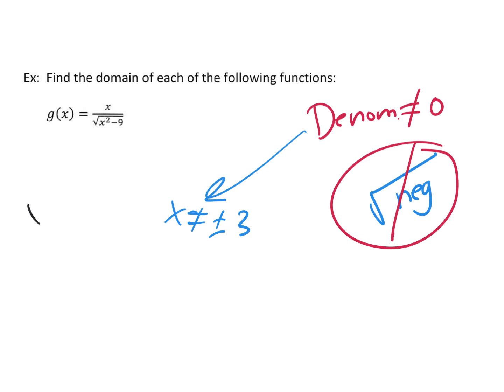Okay, I have x squared minus 9 also has to be greater than 0. Now you can factor that and then think about the 3 and negative 3 that way too if you want. But you can also think about it intuitively. What values for x are going to allow this thing to be positive?